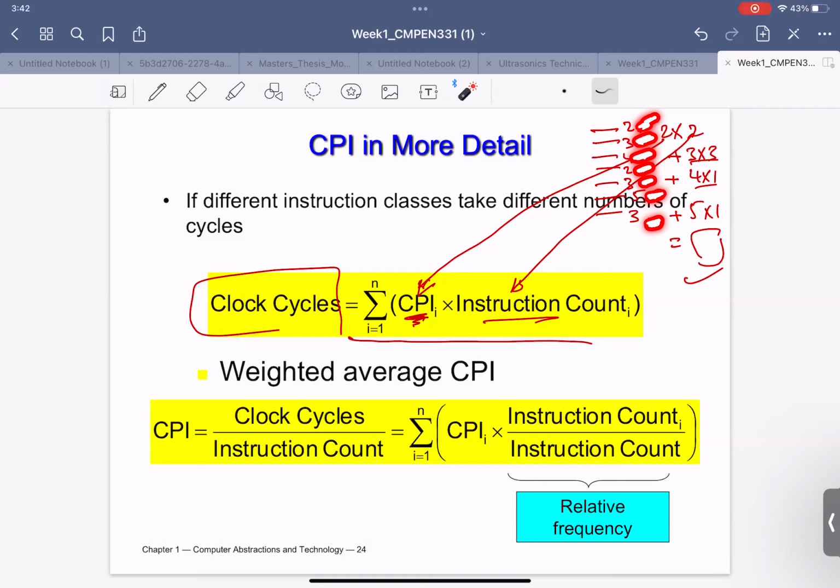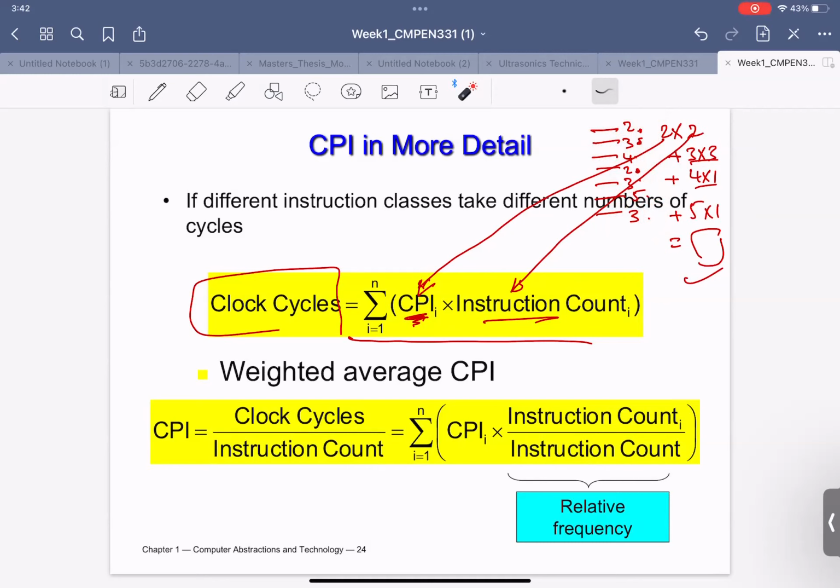Exactly the same way that you would calculate the average of the students. Instead of 7 lines, consider 7 students, and this is the grade of each student. How do you calculate the average? Add all of them, divide by the number of students. This will give you the average grade of the class, correct? Here, exactly the same thing.